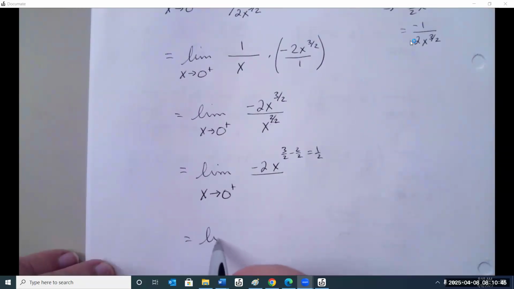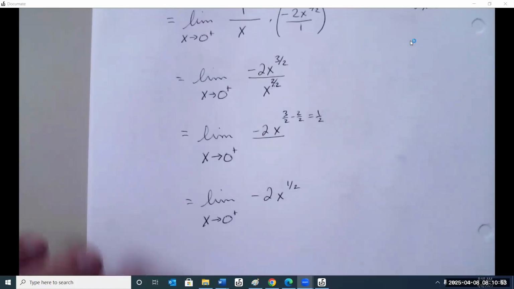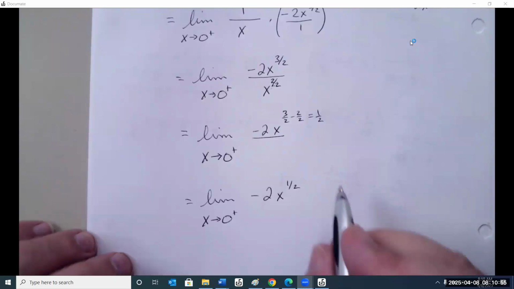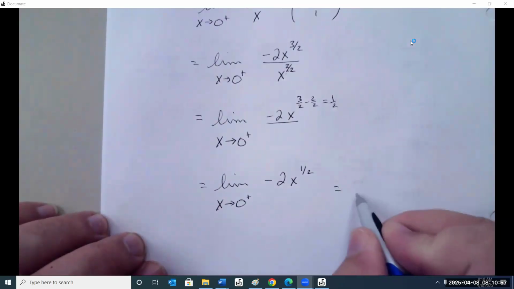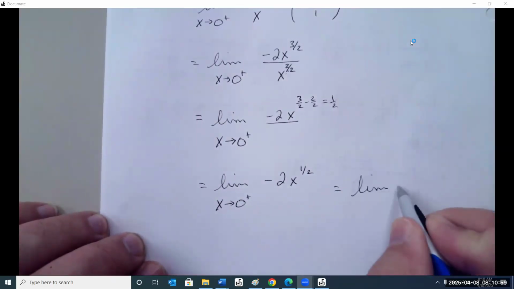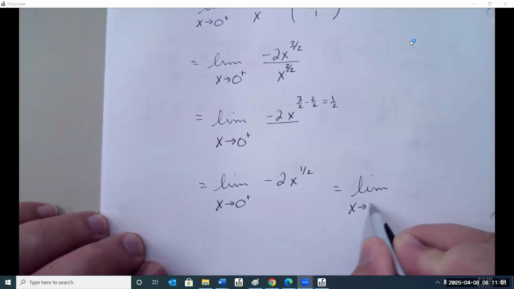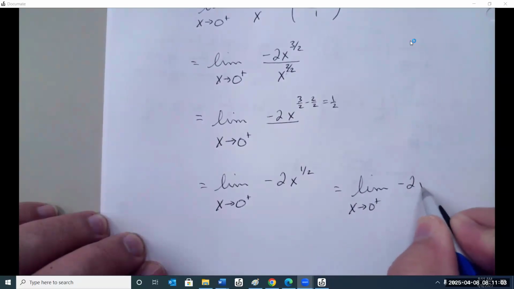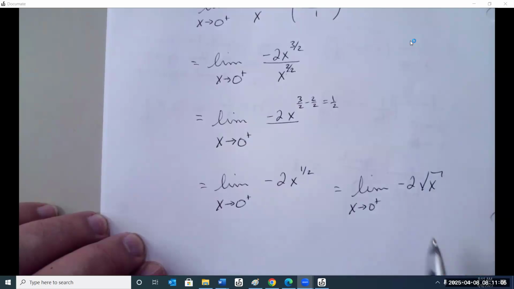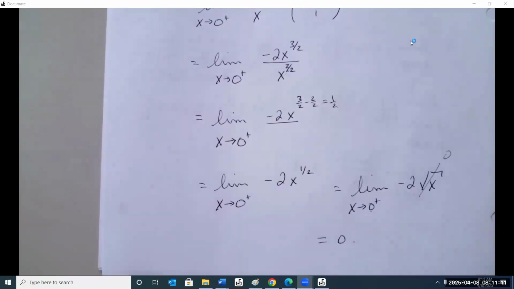So our equation, as x goes to 0, becomes -2x to the power 1/2, which is, as x goes to 0, -2 square root of x. As x goes to 0, this goes to 0, so the whole thing goes to 0.